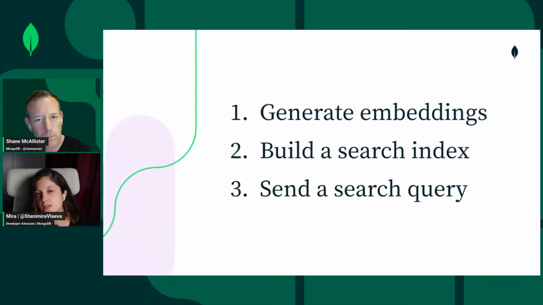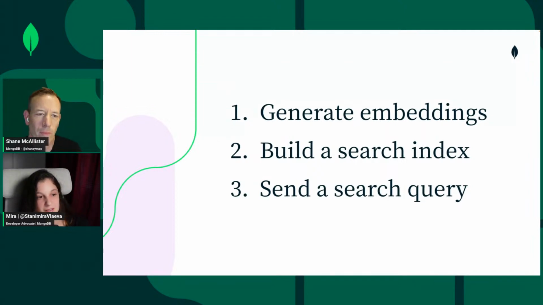And that's it. It's not magic at all. It is actually pretty simple, and it boils down to these 3 steps: generating the vectors, or also embeddings. Again, an embedding is the vector representation of some media, like text, an image, or audio. Then building a search index that will allow us to compare these vectors and get the similarity score out of them. And finally, sending search queries to find similar items.